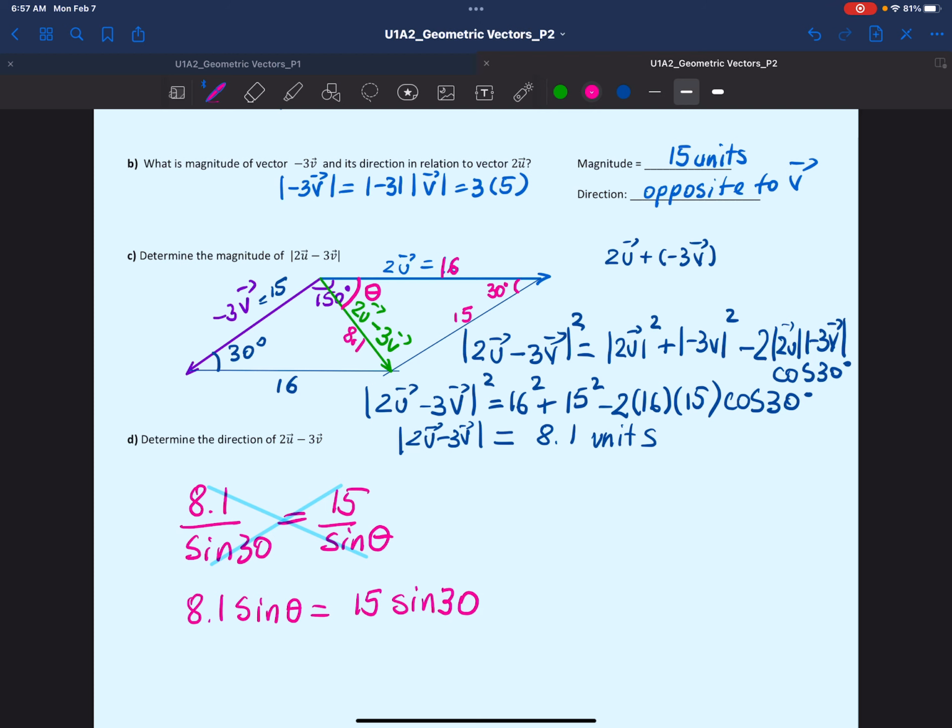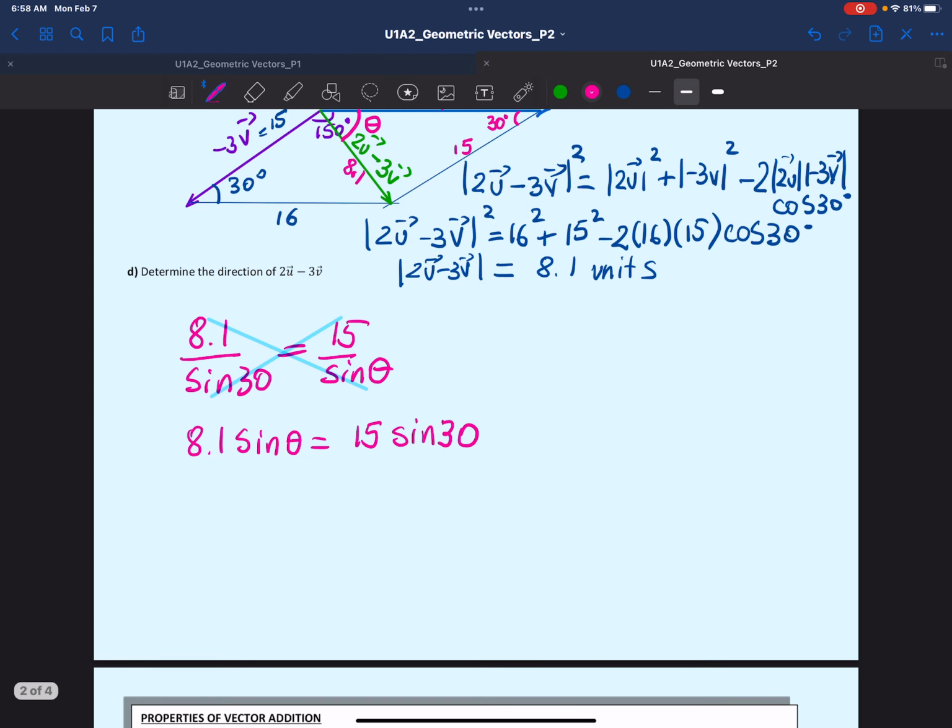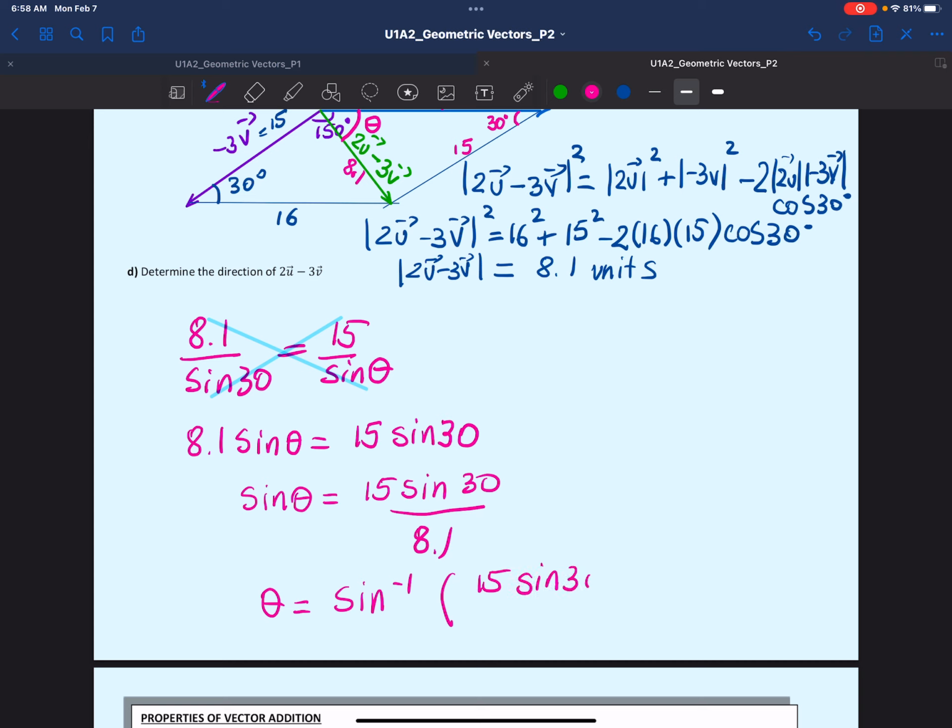You know, sine 30 is 0.5. If you don't, calculator can do the work for you. So sine theta equals 15 sine 30 divided by 8.1. From where theta equals inverse sine of 15 sine 30 divided by 8.1. I like to do the calculations in one step to ensure accuracy.